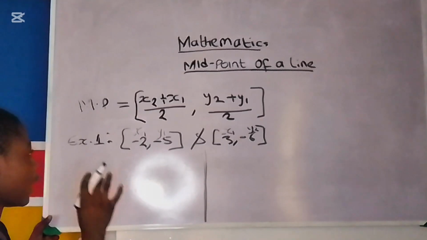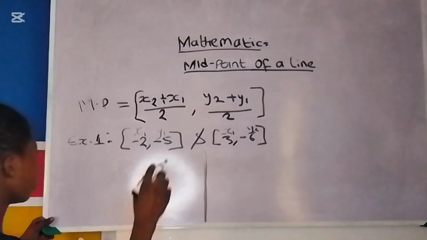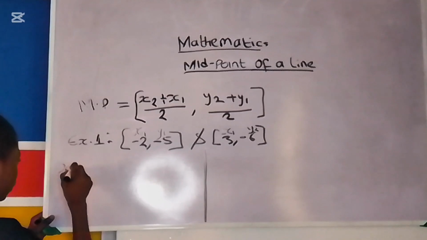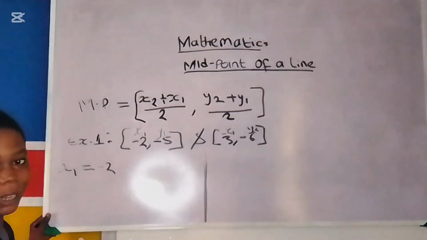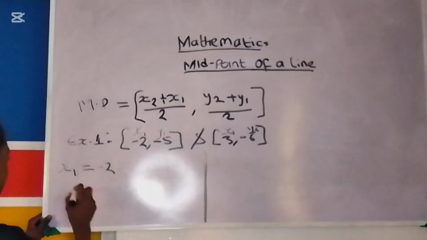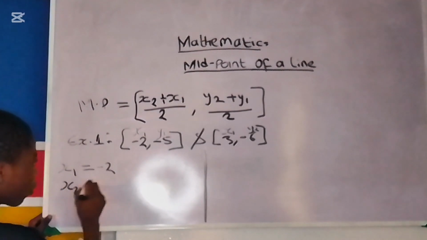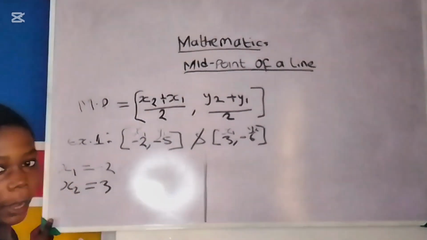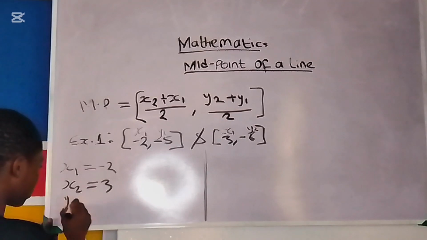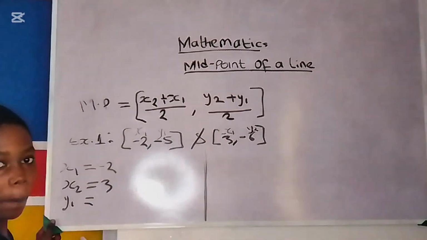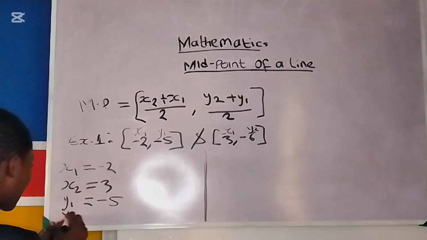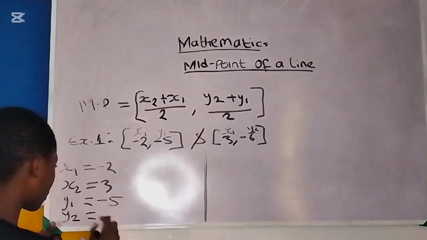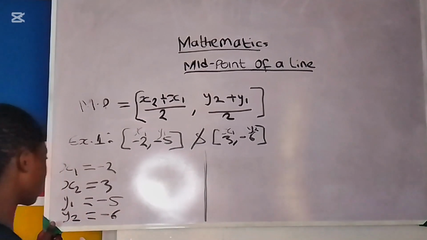So knowing your x1 and x2, you bring them down here. Your x1 is -2. Your x2 is equal to 3. And your y1 is equal to -5, and y2 is equal to -6.